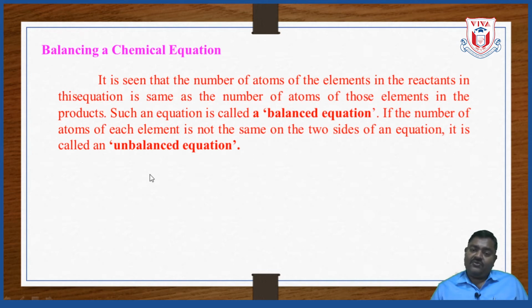Now तुम्हाला आता कळालं असेल की बॅलन्स इक्वेशन आणि अनबॅलन्स इक्वेशन. बॅलन्स इक्वेशन: the number of atoms of the elements on both sides are the same, then that is balanced. If not the same, then that is an unbalanced equation.